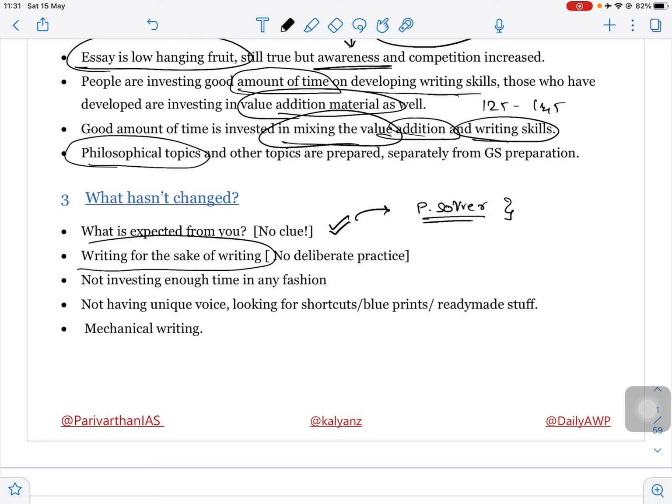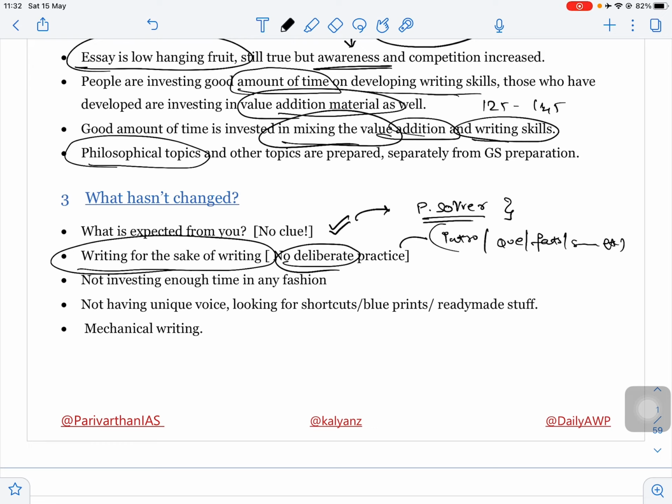Next, writing essays for the sake of writing. I have joined a test series, I am supposed to write 4 tests, I have written 4 tests and that's it. There is no objective learning, there is no deliberate practice. You don't deliberately practice to improve your intro, you don't deliberately practice to improve your usage of quotes or facts, schemes, etc. You don't do any of these things deliberately.